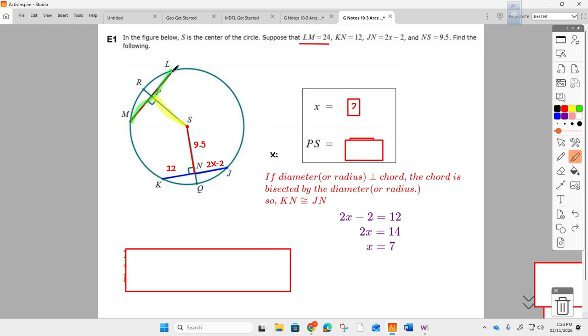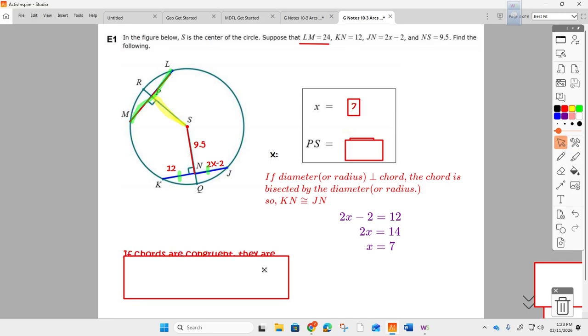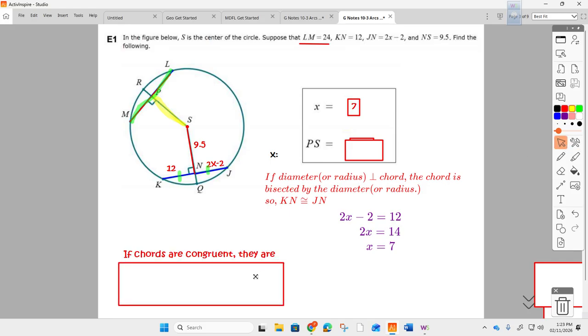How long is KJ? How do we know it's 24? We know because we said that these were congruent, right? So if this is 12, then this is 12. Okay. So that's why we have to know that if the chords are congruent, they're the same distance from the center.